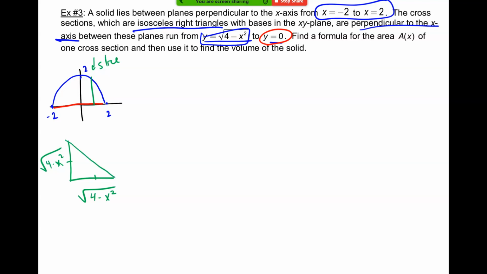So if you can kind of imagine, there's this triangle here, like a 3D triangle. It's kind of hard to see because I'm slicing it this way.